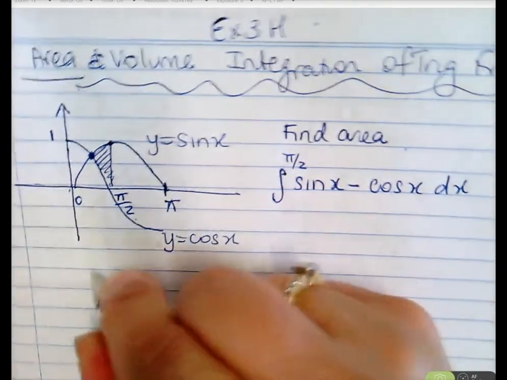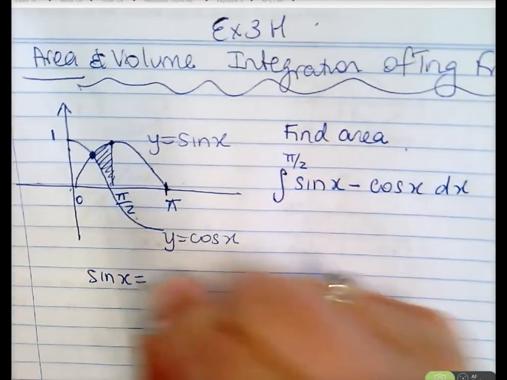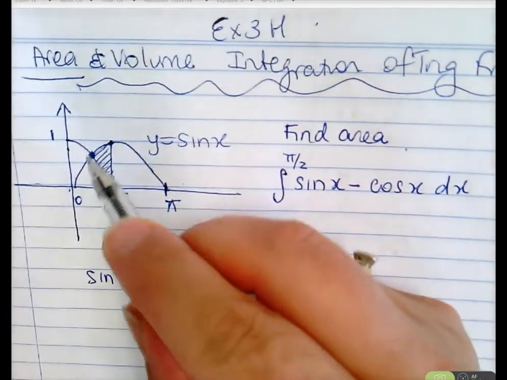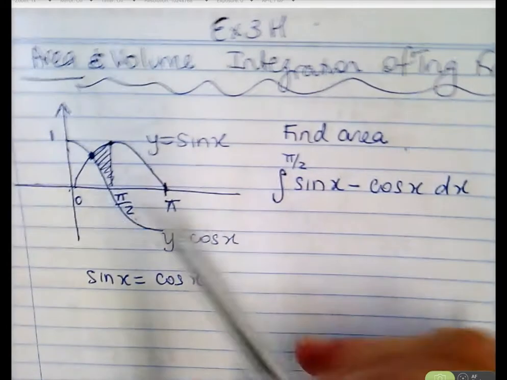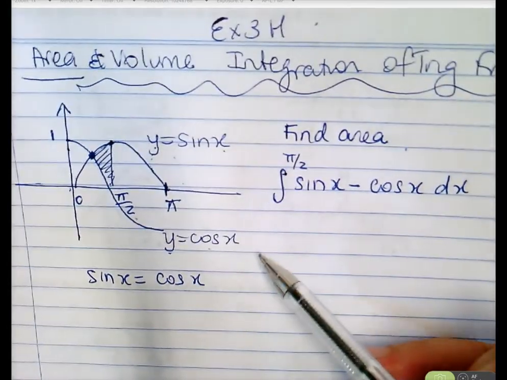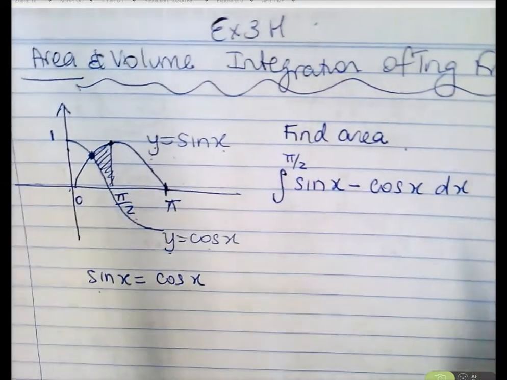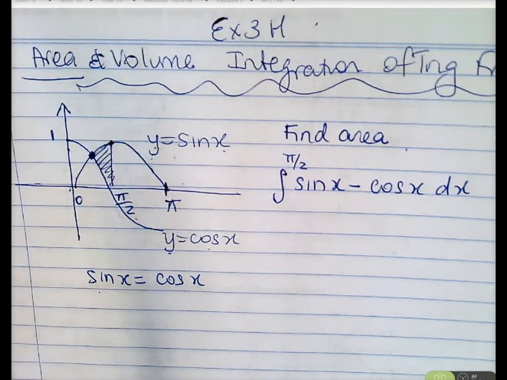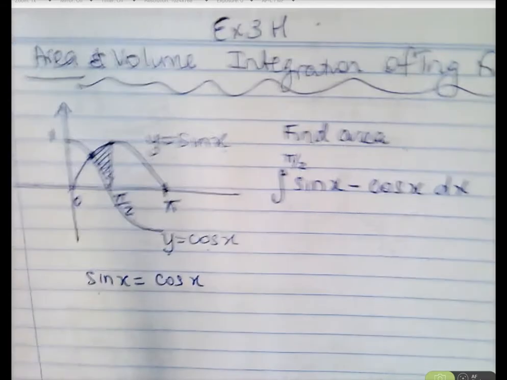We need to know where does sine x equal cos x. The point of intersection is the solution of the simultaneous equations y equals sine x with y equals cos x, which is sine x equals cos x. How do we solve sine x equals cos x? Or you should know, sine of what equals cos of what? From 0 to 90 degrees.